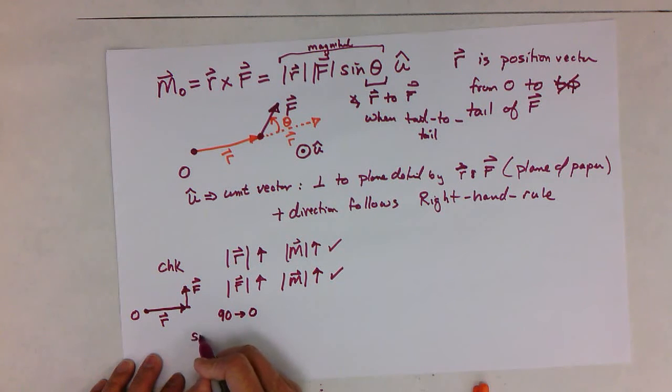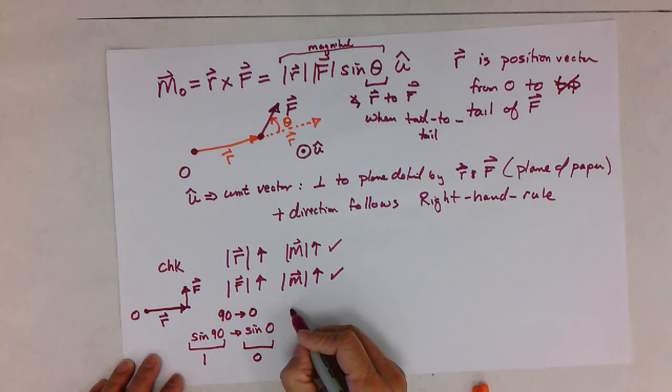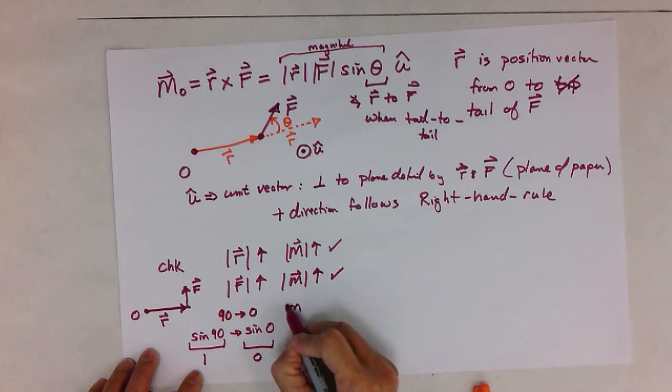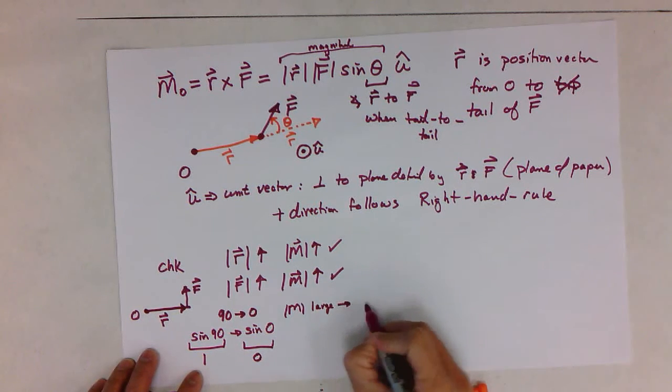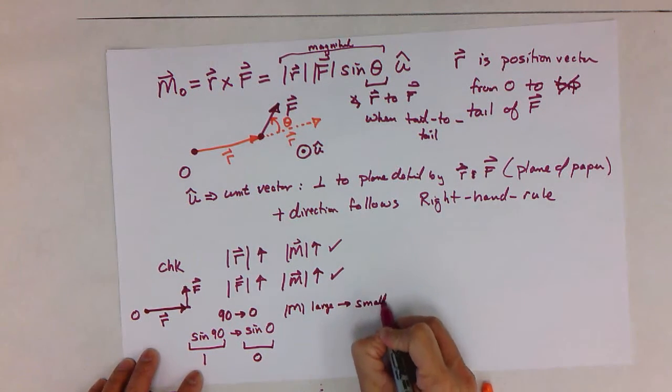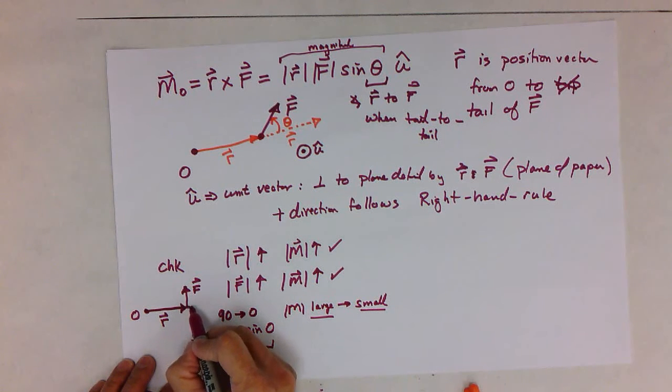All right, so the angle here is 90 degrees, going down to 0 degrees. So that means sine of 90 going down to sine of 0, right? So sine of 90 is 1, the largest value, going down to 0. So the moment goes from large to small. So that checks, right? When our angle here, R cross F, I push it through so the tails are together.